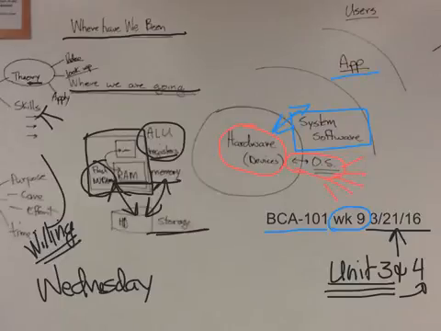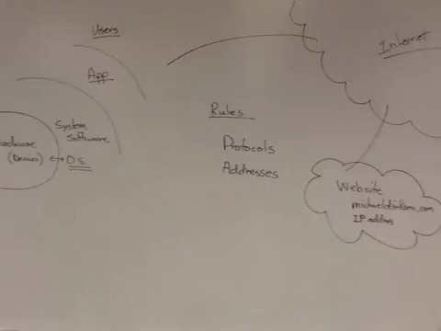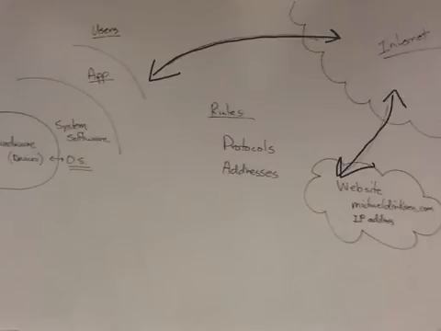And then applications communicate with system software, or typically, more specifically, the OS. The users communicate with the application software. We did some work, and our current work now is working on this connection to how we connect networks together.